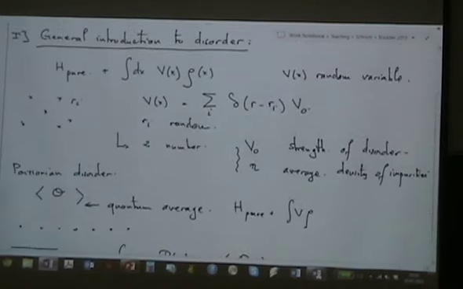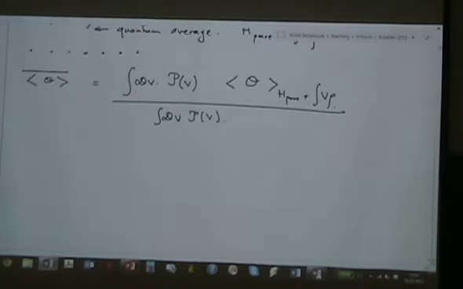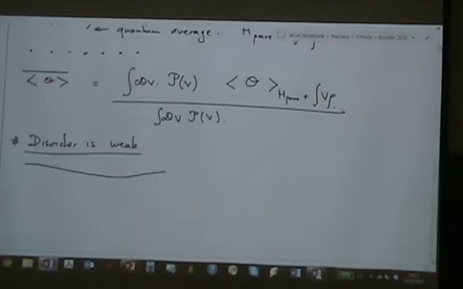Okay? So I would like to move to a simpler class of random potential, and for that I can simplify my life for the case where the disorder is weak. And so the characteristic property of the system varies slowly at the scale where the impurities are located.